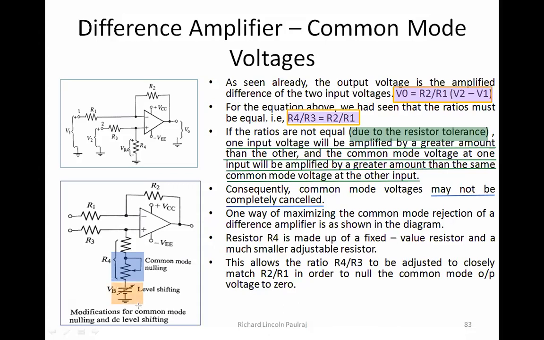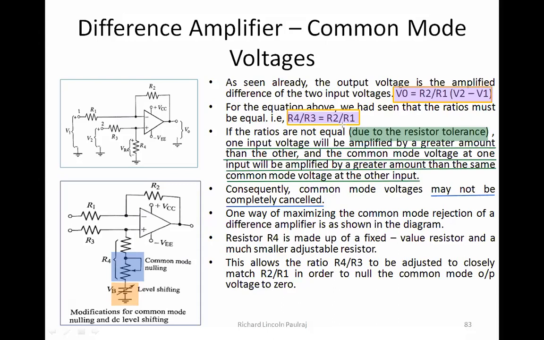This VB is the bias voltage. So I can change the value of R4, indirectly changing the ratio of R4 by R3 and trying to equate it with R2 by R1.